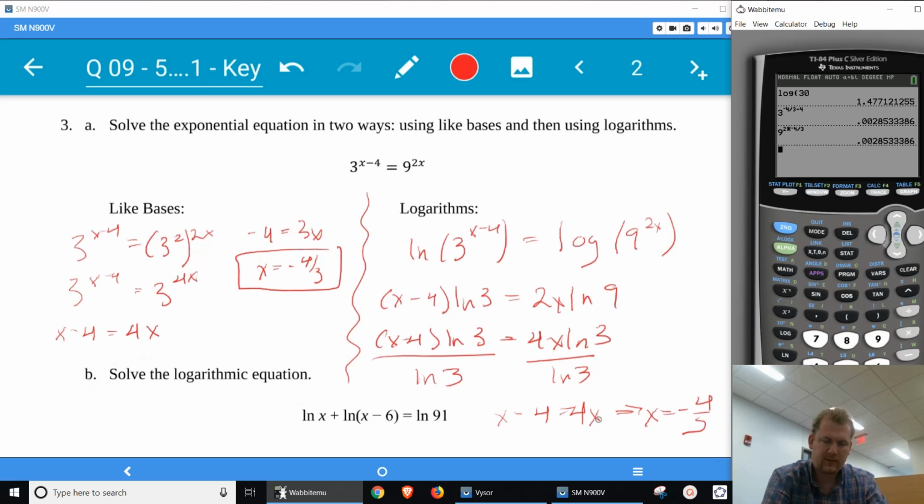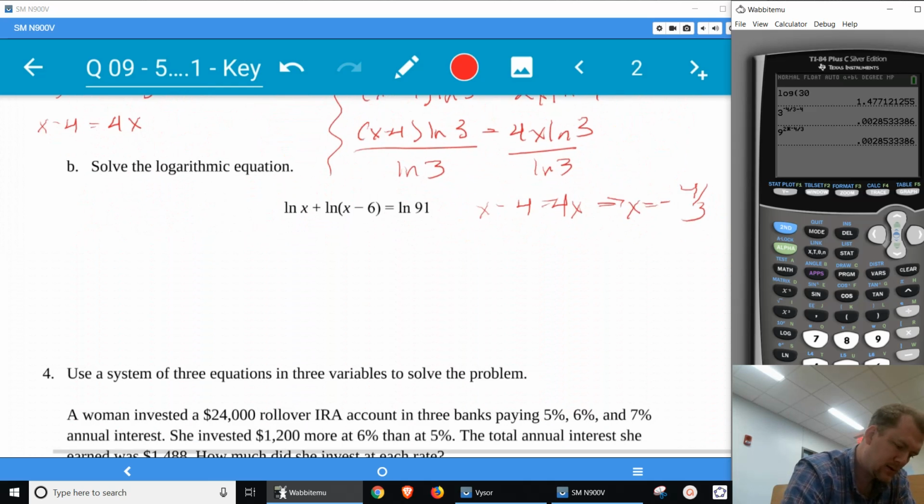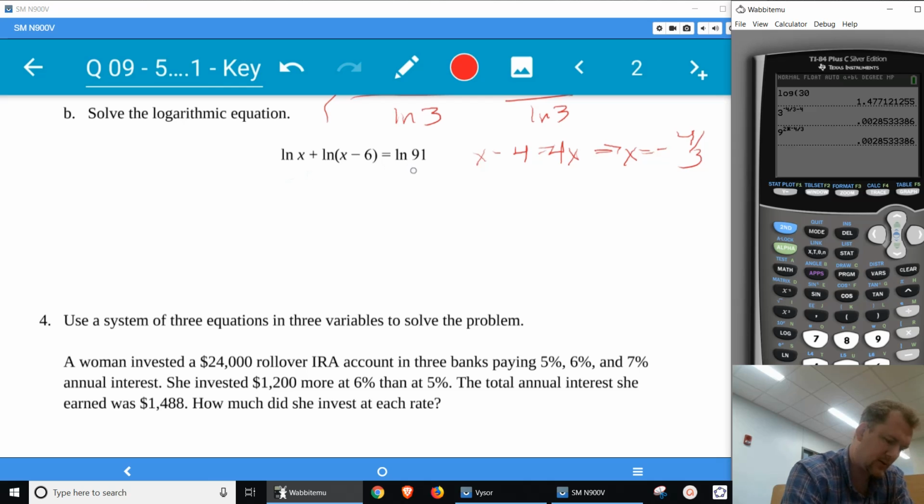Okay, so whatever's easier is the best way to do it, I guess. But yeah, 2 different ways. Okay. To solve an equation like this, what you need to do is use log rules to combine them. So the sum becomes an internal product.